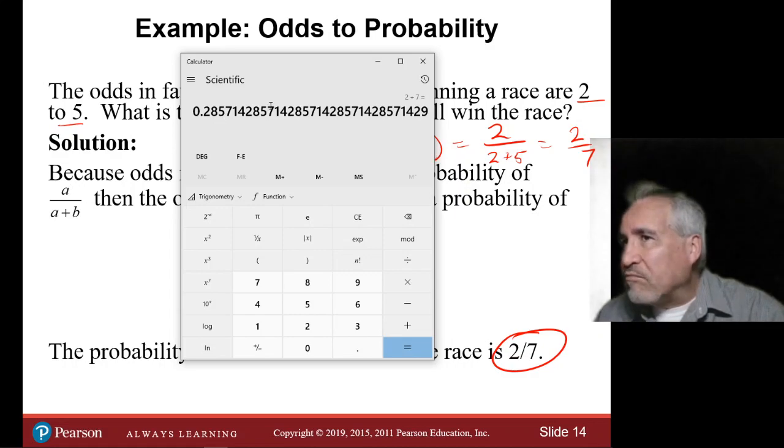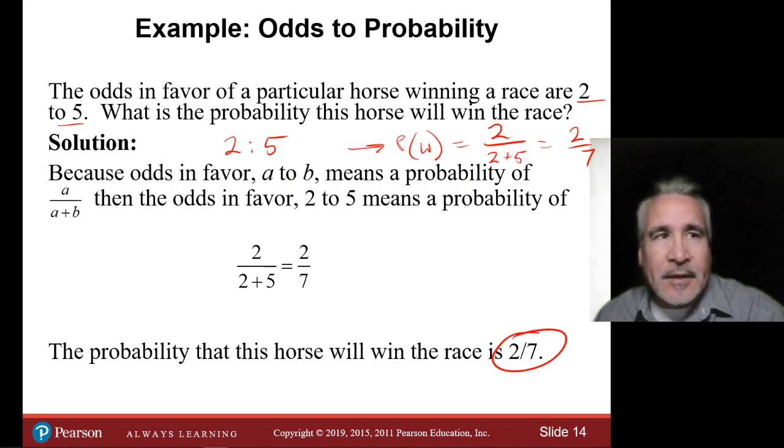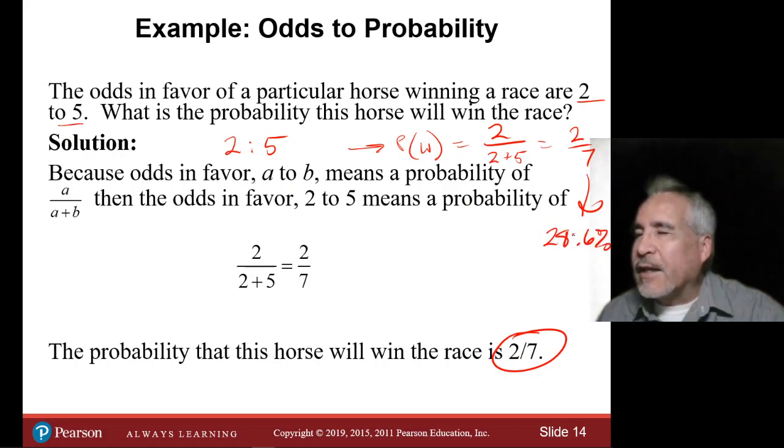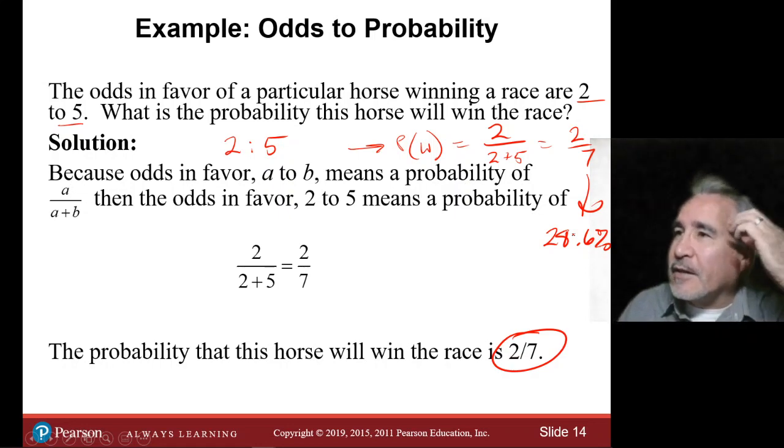That's about 28.5%, maybe 29 if you want to round it up. Let's call it 28.6% chance. I'm thinking almost 30% is what I would think of.